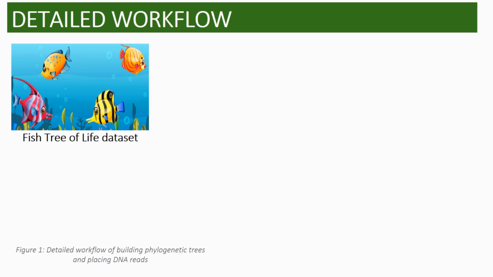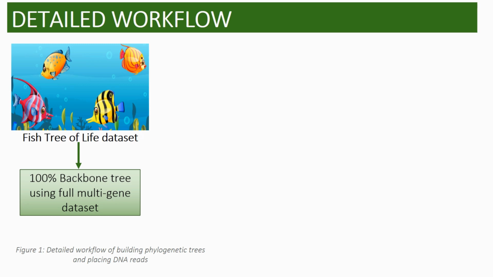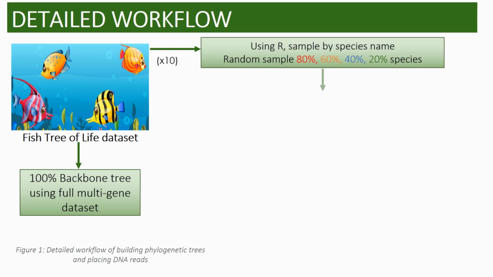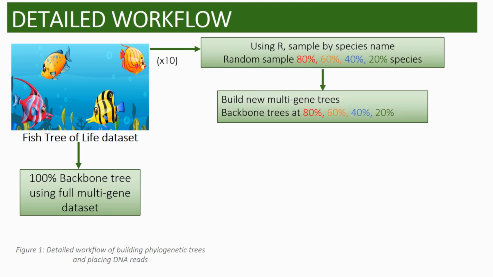First, I have generated a 100% complete backbone tree using the full multigene History of Life dataset and kept this tree aside for downstream analysis. Then, I've built different-level backbone trees with random samples at 80%, 60%, 40%, and 20%.